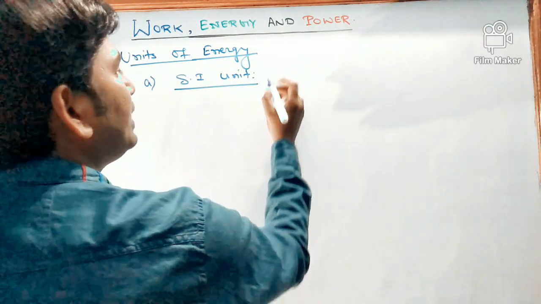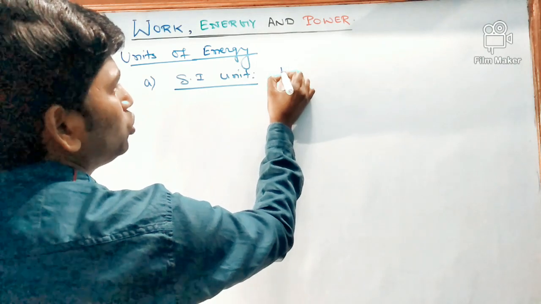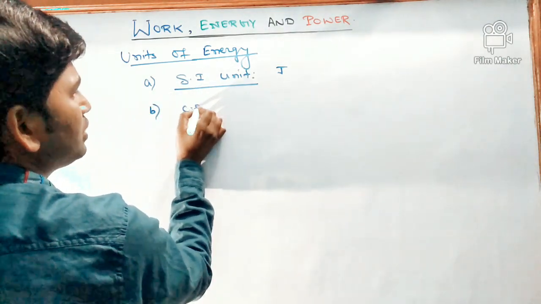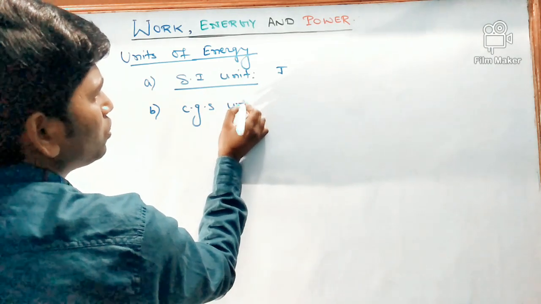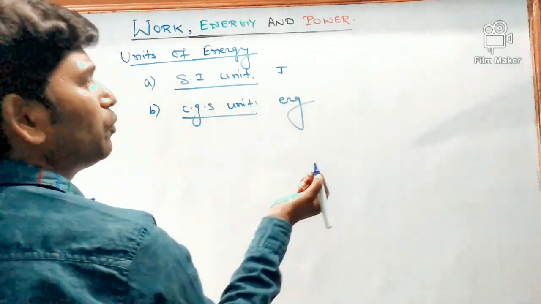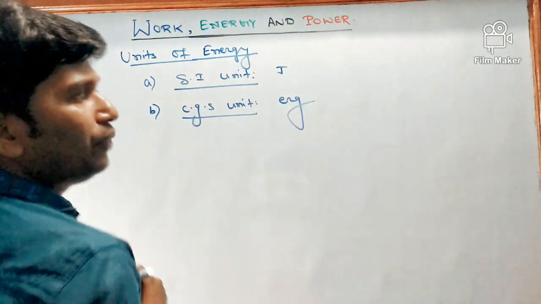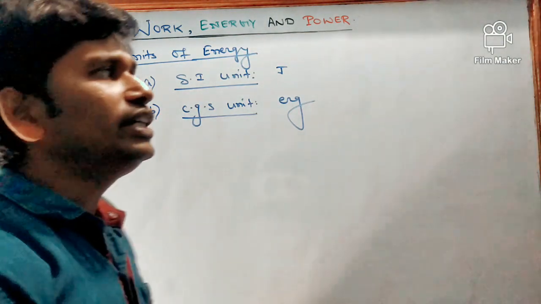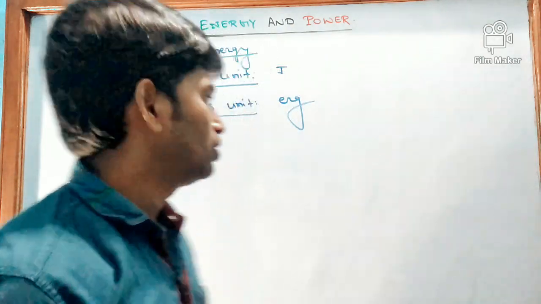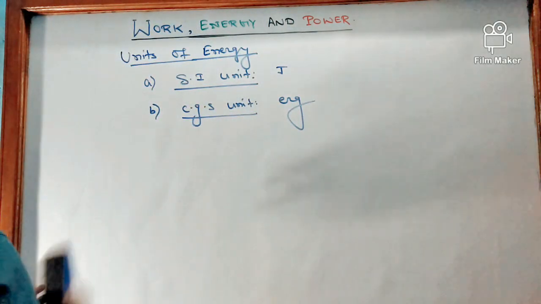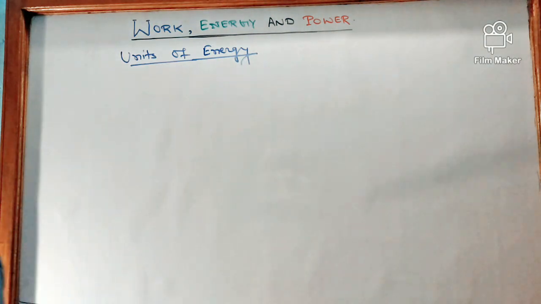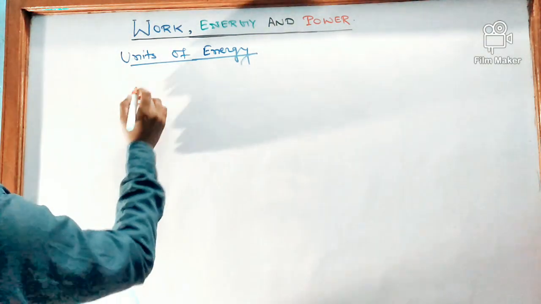So we can write the SI unit of energy is joule, capital J. Similarly, we can talk about the CGS unit. So CGS unit is erg, just like work. We can also talk about other units of energy, that is the bigger units. So let us see some bigger units of energy.